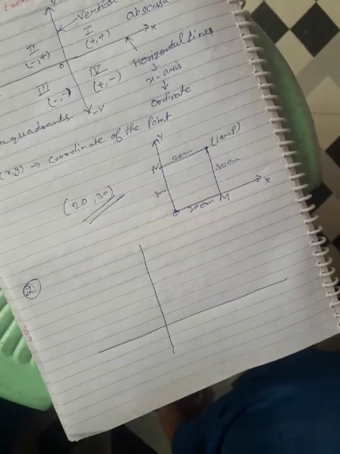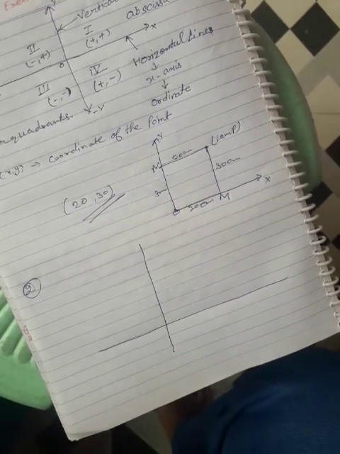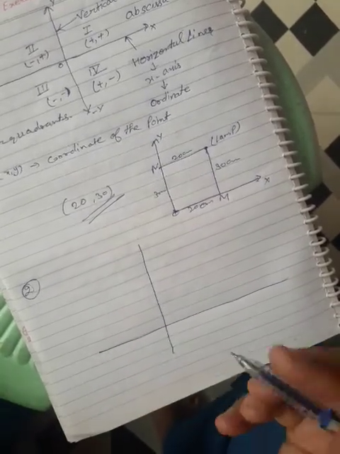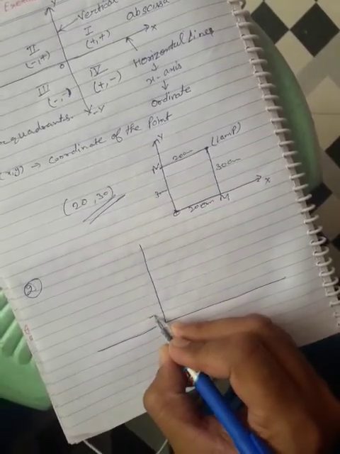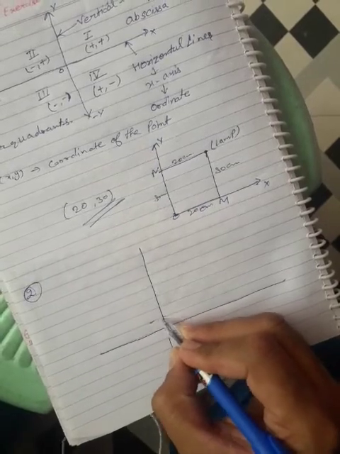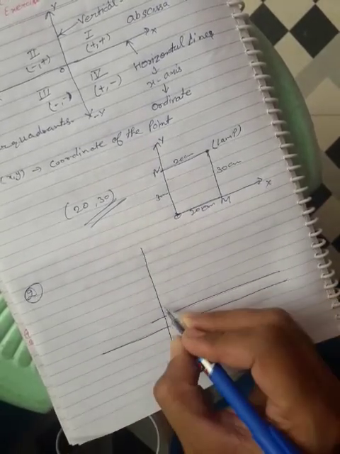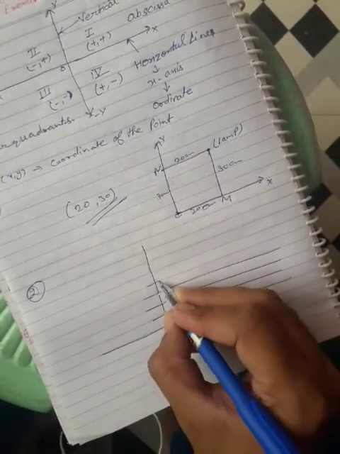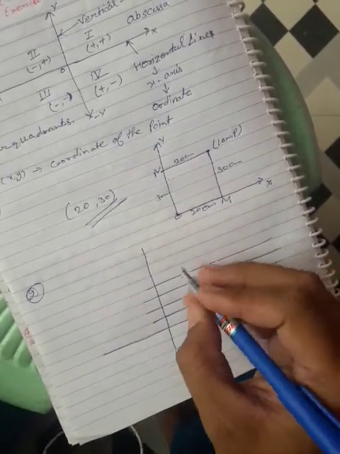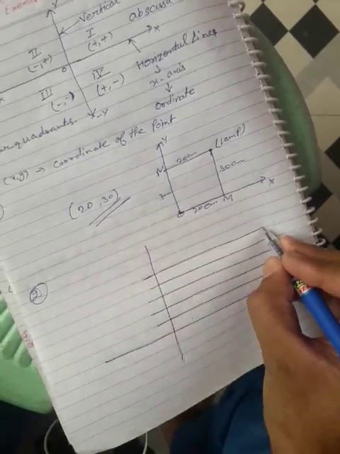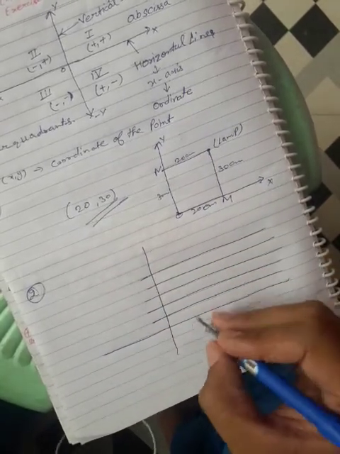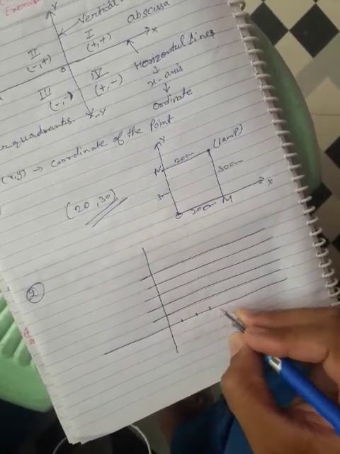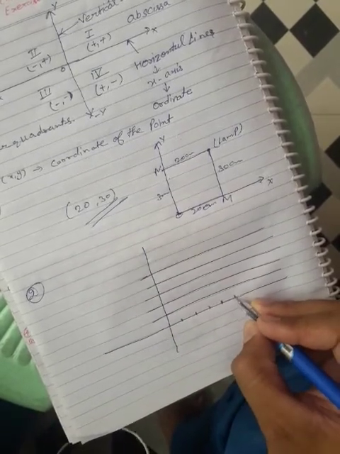Now we have 2 main roads and we can draw the 5 streets at equal distance, 1 centimeter for 200 meters. First, second, third, fourth and fifth. Now here also equal difference: 1, 2, 3, 4, 5.